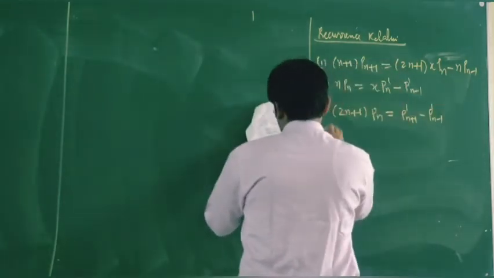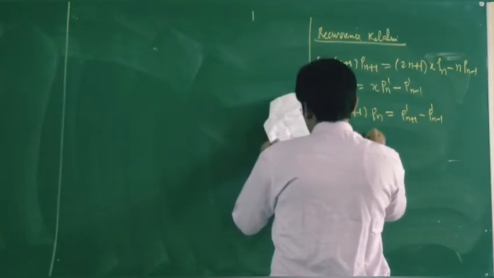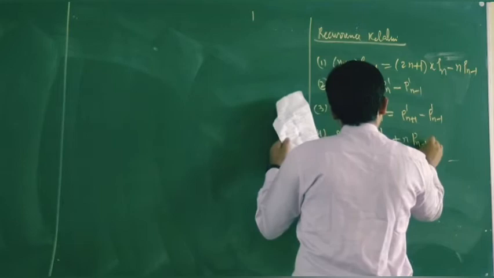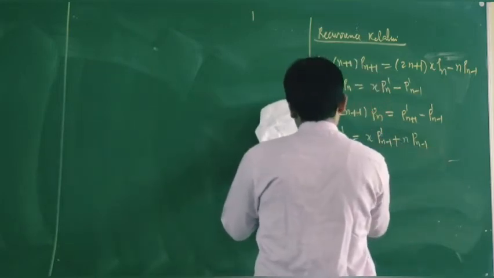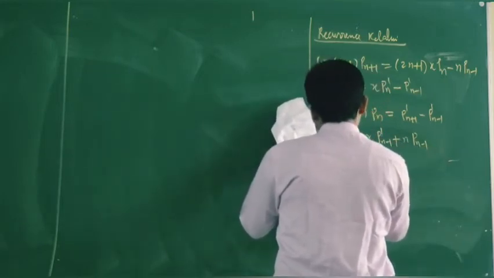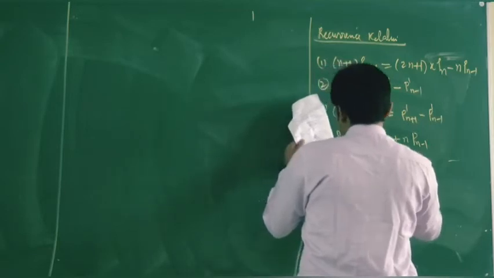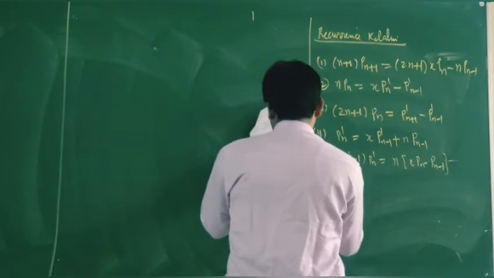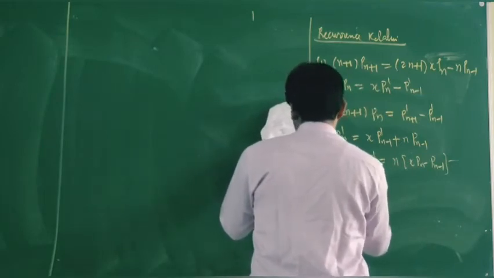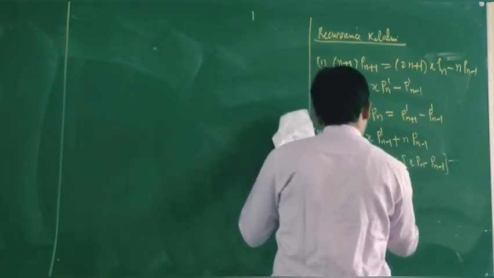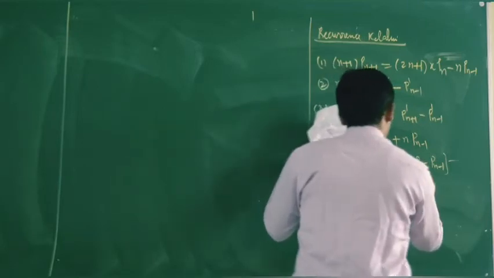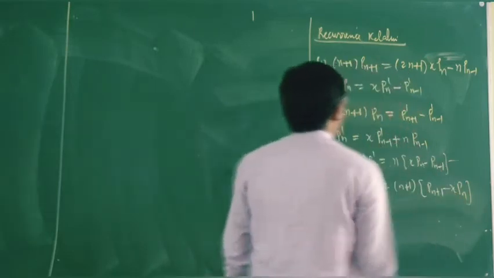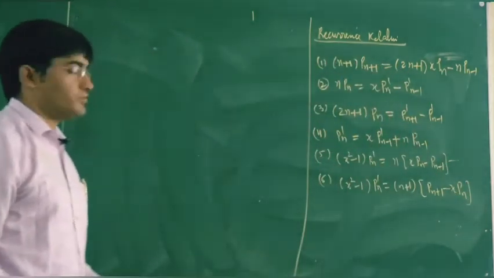The fourth one is P dash n equal to x P dash (n minus 1) plus n P_(n-1). The fifth one is (x square minus 1) P_n dash equal to n x P_n minus n P_(n-1). And the sixth one is (x square minus 1) P_n dash is equal to (n plus 1) times (P_(n+1) minus x P_n). So we have these 6 recursive relations.